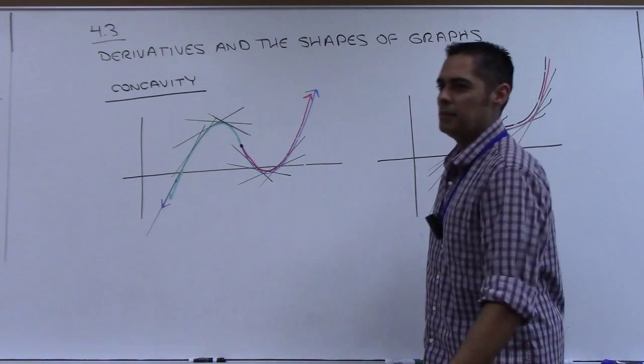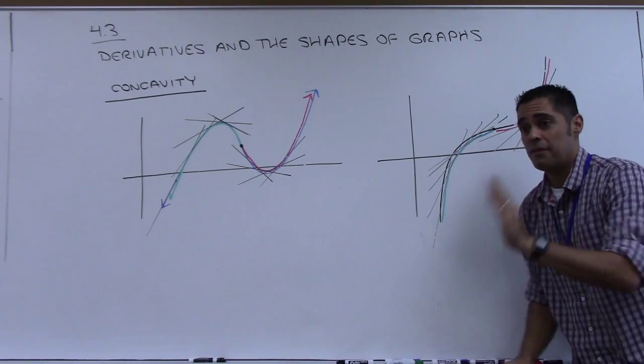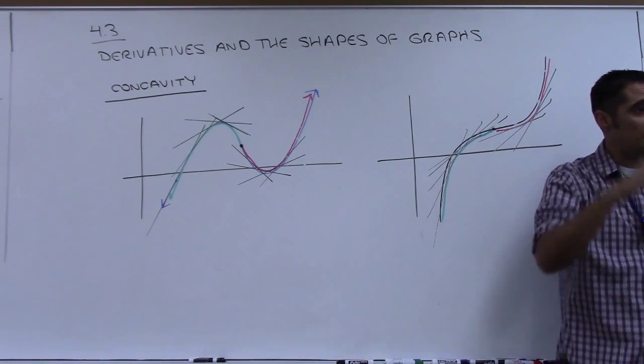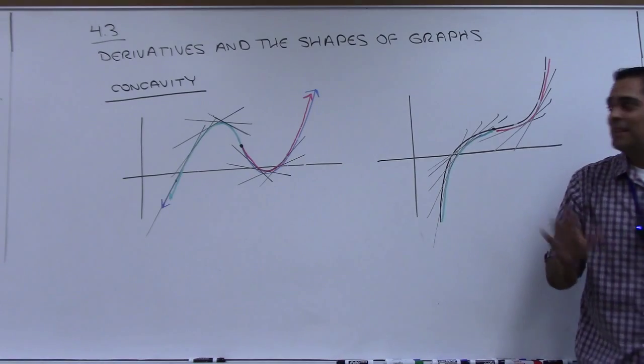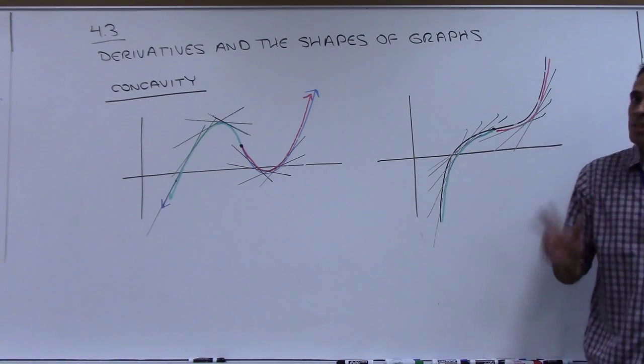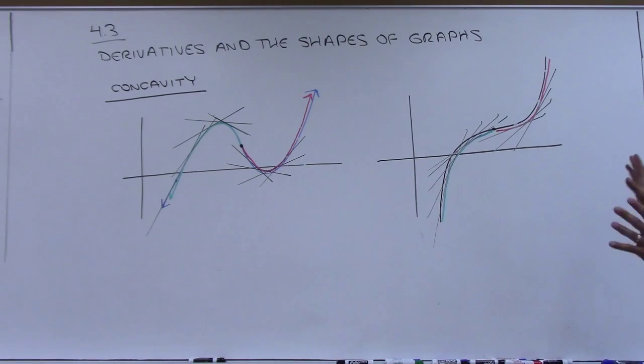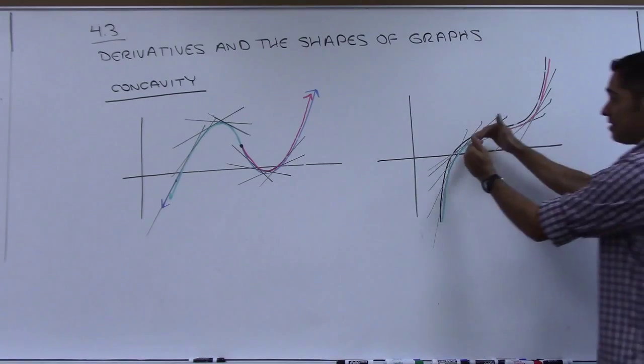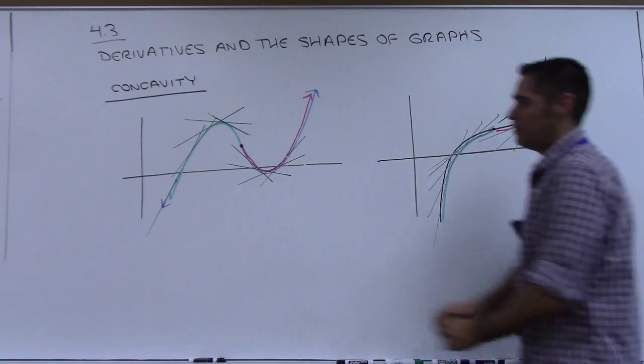The first derivative tells us up and down. I'm telling you, these don't have anything to do with the first derivative. It has to do with the second derivative, but I want you to see from the picture if anyone can tell me what the difference is between these lines and these lines for both graphs.